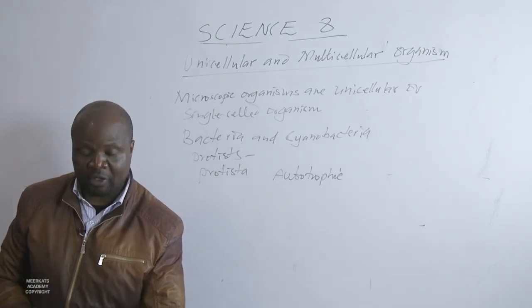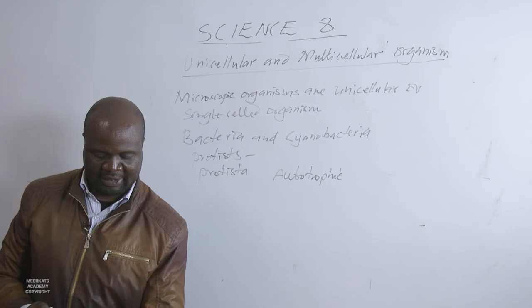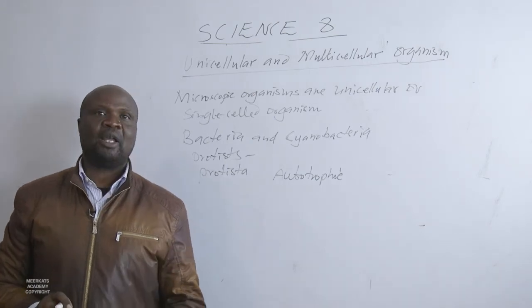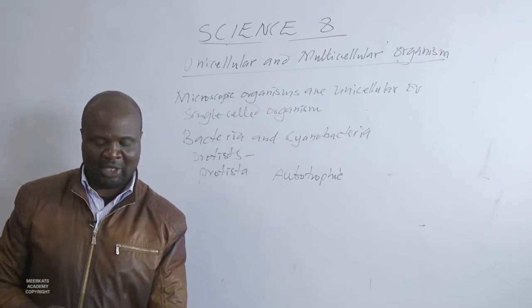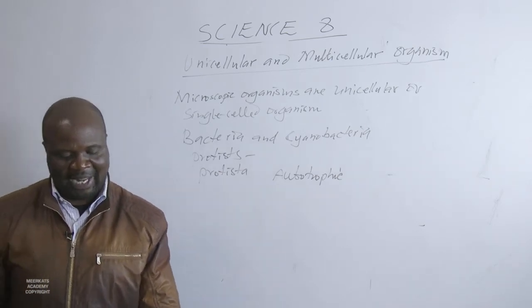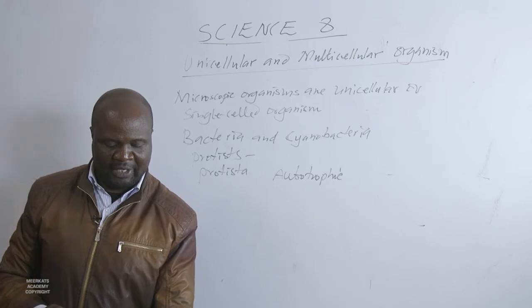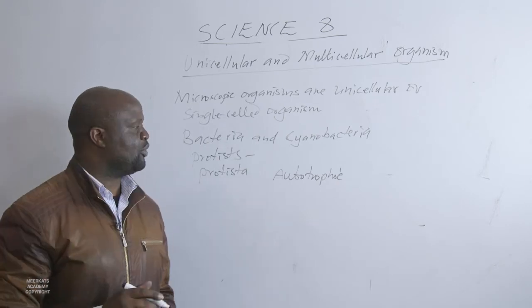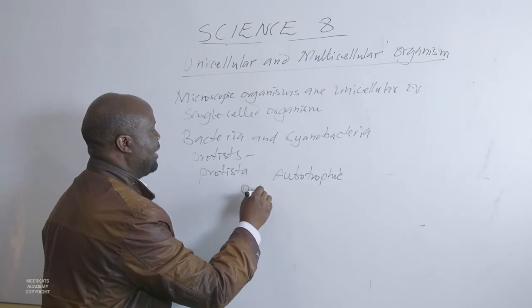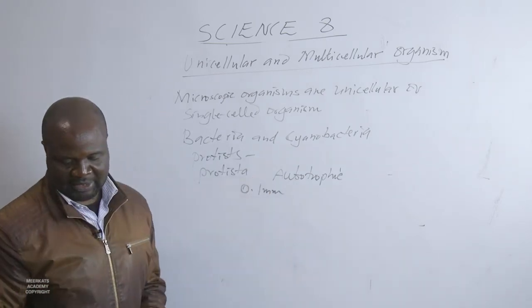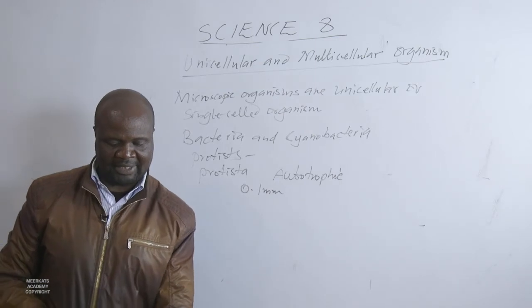They obtain food from external sources. The unicellular heterotrophic protists are often about 0.1 millimeters in size.